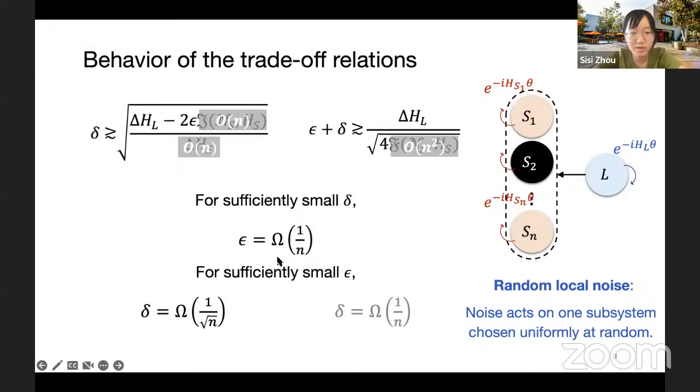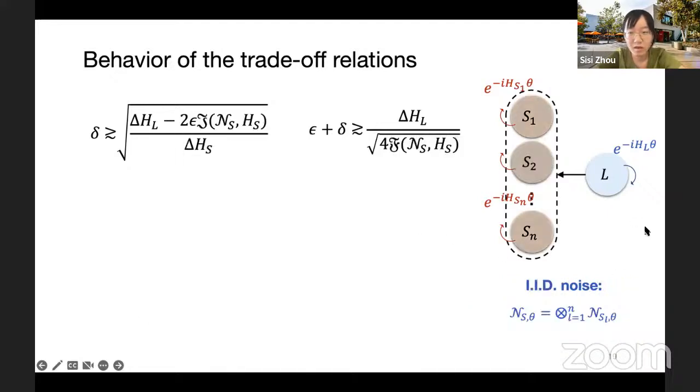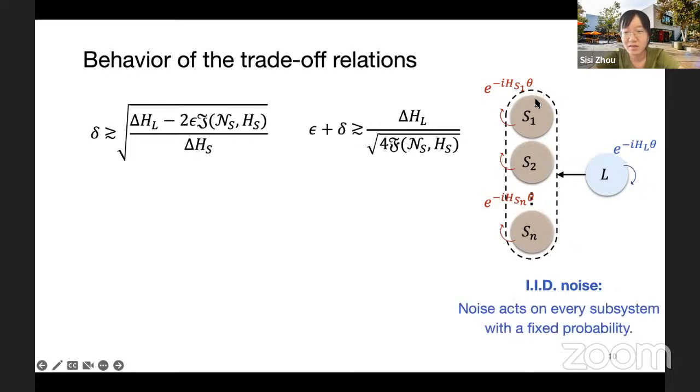So we see that the first type of trade-off relation will give us a tighter bound when we consider this random local noise. Another type of noise that is important is called IID noise. It is a stronger noise compared to the random local noise. It describes the case where noise acts on every subsystem with a fixed probability, so it acts on the entire system.